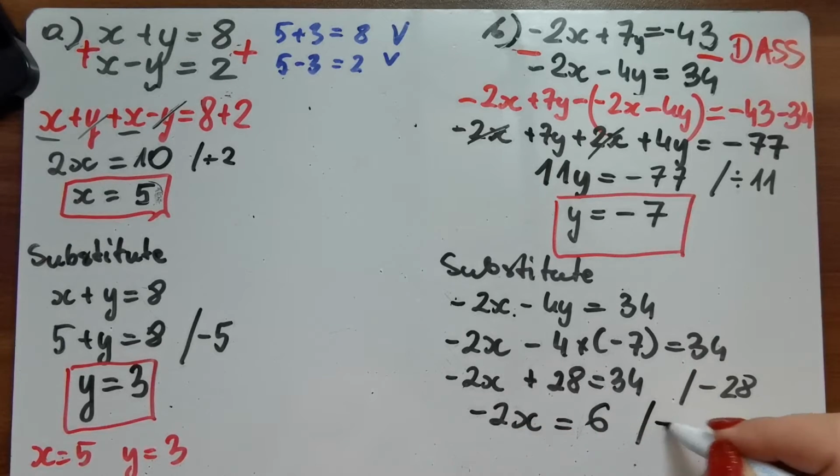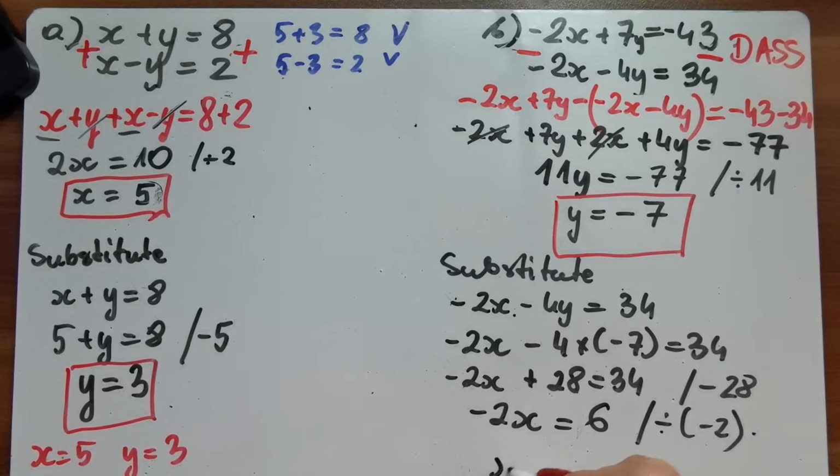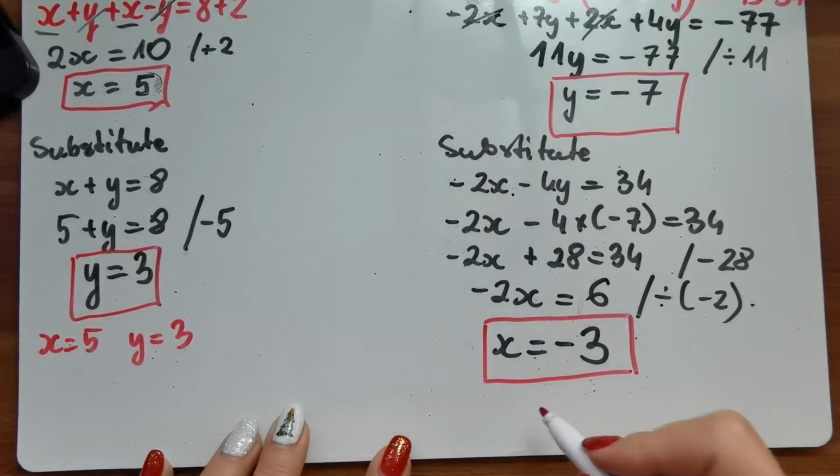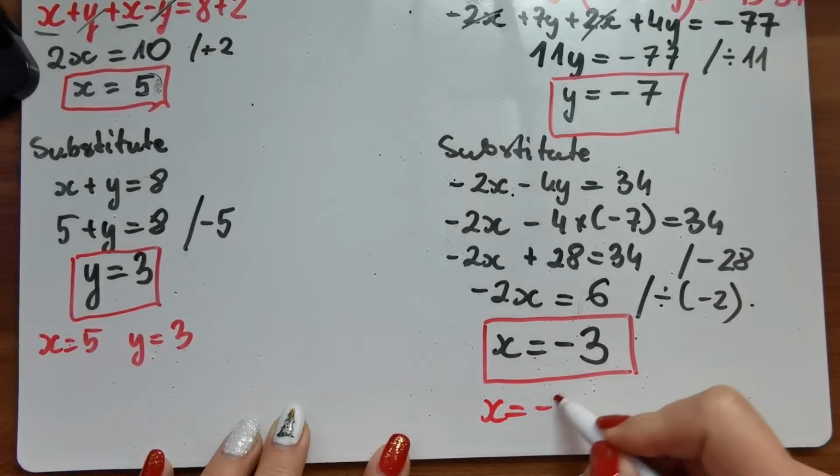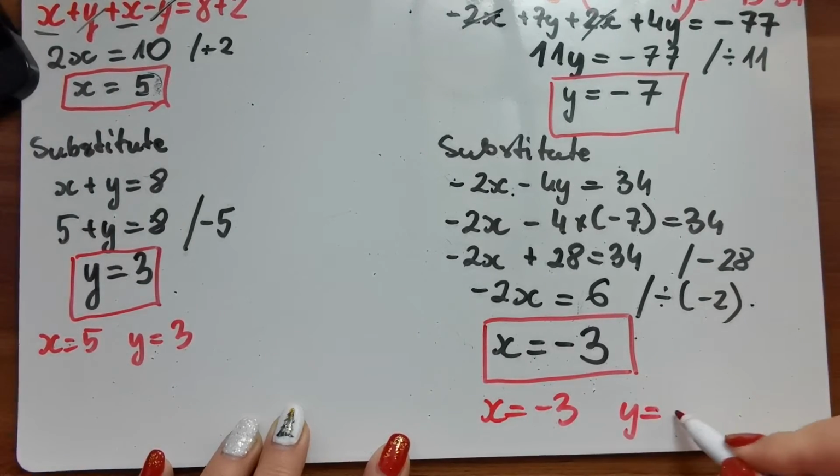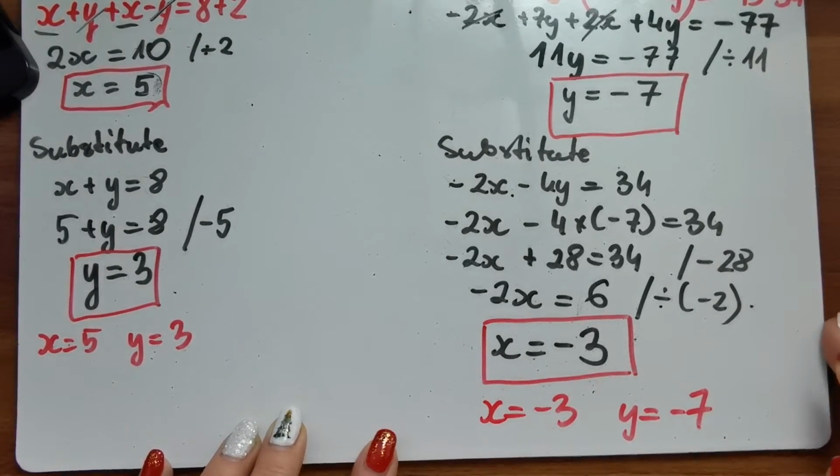So divide by negative 2. So x will be equal to 6 divided by negative 2, negative 3. So the set of our solutions will be x equal negative 3, y equal negative 7.